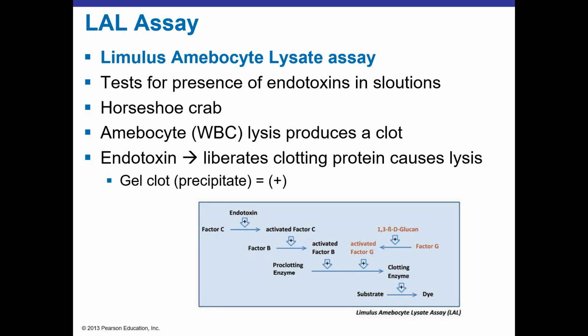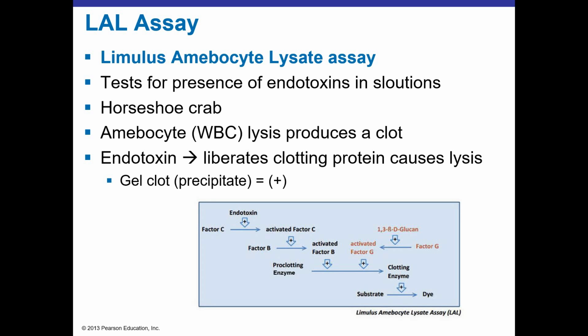It is important that we look for these endotoxins. They are very heat stable, so we want to make sure that we're testing for these endotoxins in various solutions that could be potential injectable or infusible products. We do a really weird assay, referred to as the LAL assay, which stands for Limulus amoebocyte lysate assay, that tests for the presence of these endotoxins.